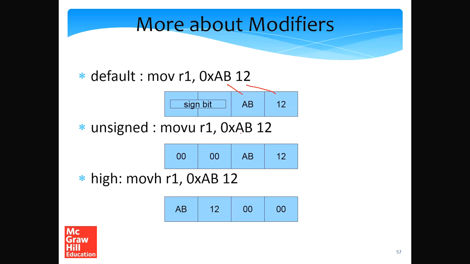If we consider unsigned, then again the byte AB and 12 are loaded into the lower 2 bytes, but the upper 2 bytes are set to zeros: 8 zeros and 8 zeros, 16 zeros. If we consider the same thing, move H R1, 0xAB12, AB12 is moved to the 2 most significant byte positions, the upper byte positions, and the lower positions are set to 0.